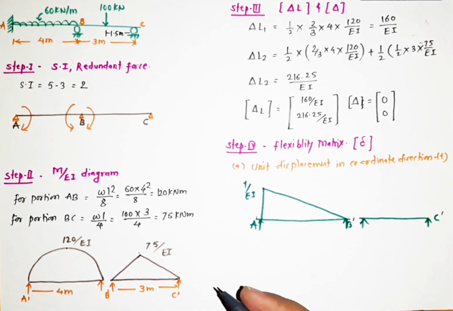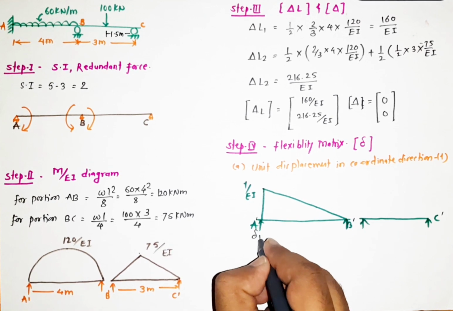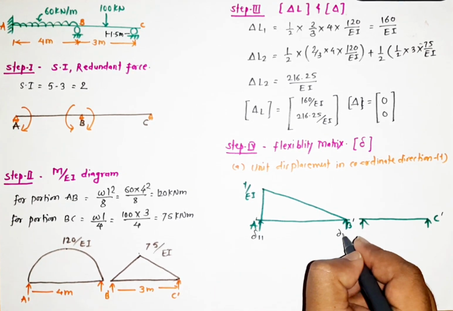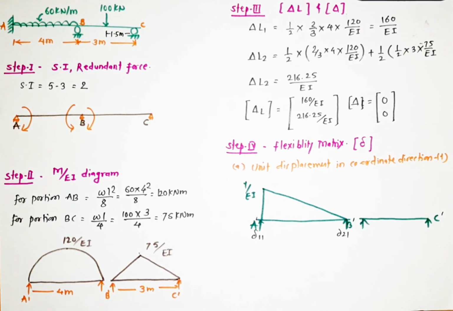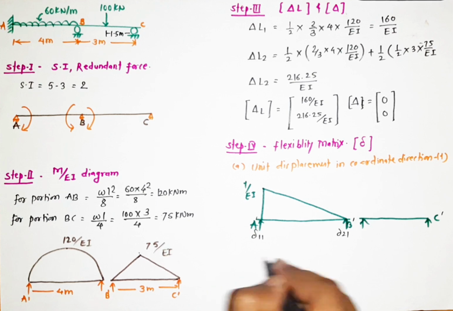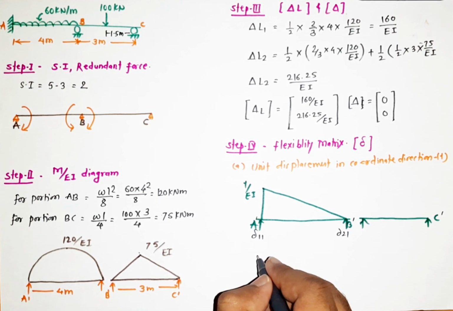Similarly, we want to find delta 1 1 and delta 2 1, because it is a 2 by 2 matrix and we want to find a delta matrix. Therefore we will now calculate delta 1 1 and delta 2 1 for this conjugate beam, which is a simply supported beam.